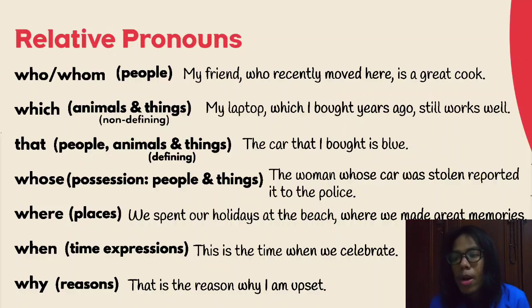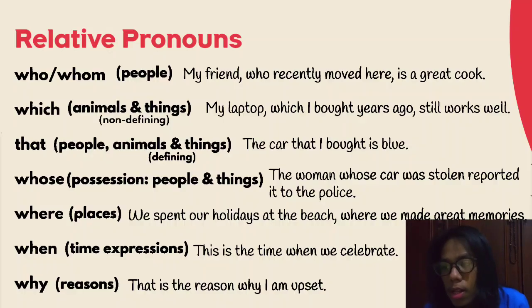Next, where is used to describe places. In the example sentence: we spent our holiday at the beach, where we made great memories. Where describes the beach. So as the function, where is used for places. The sentence is correct.